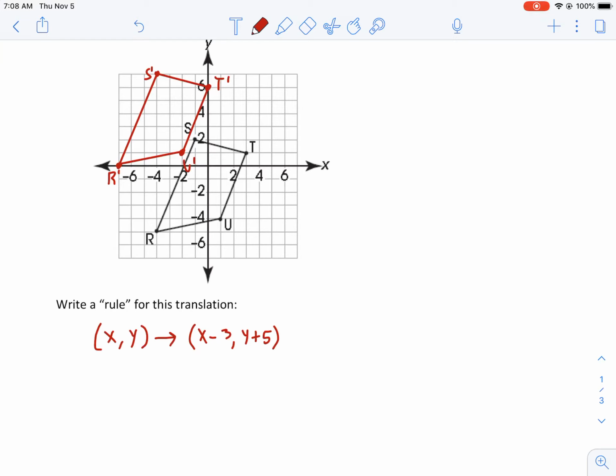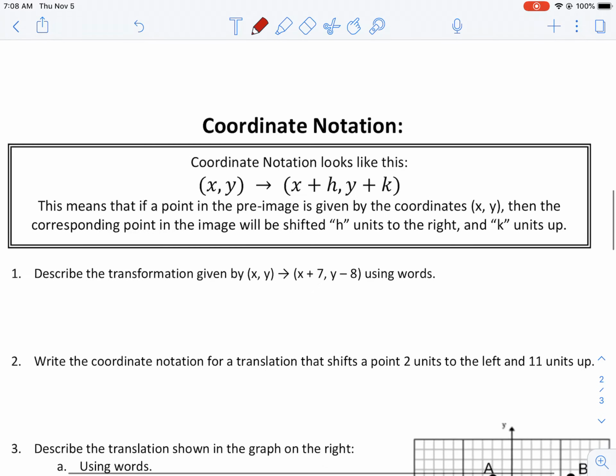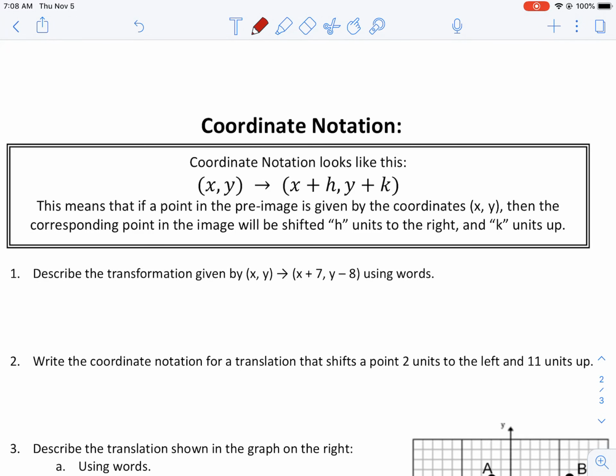But counting is just easier, but it's still important to see how the rules look, because I could give you a translation with a rule and you would have to fill it out. So this is what the generic form of what we just talked about looks like. So this means that if a point in the pre-image is given by the coordinates x, y, so remember this is our pre-image, and then the corresponding image is shifted h units to the right and k units up, all right?